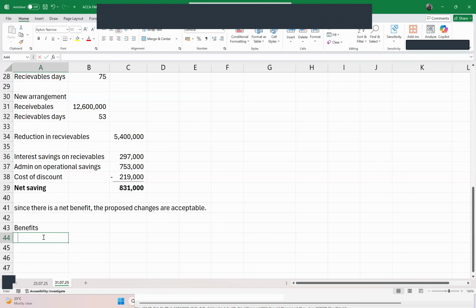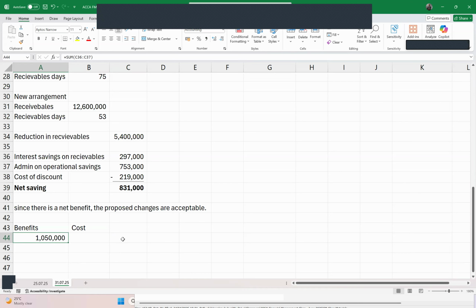So I can actually sum them up. Those are the benefits, but the cost depends on the calculation that we did here, which was basically 1%, but now we want to know what discount is going to be. So this is the benefit.